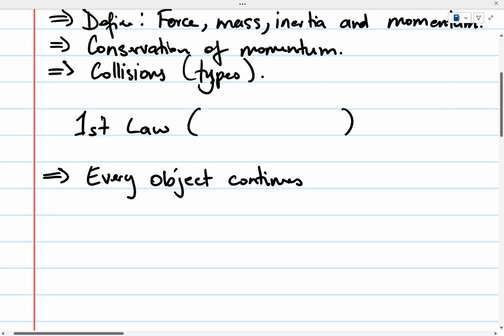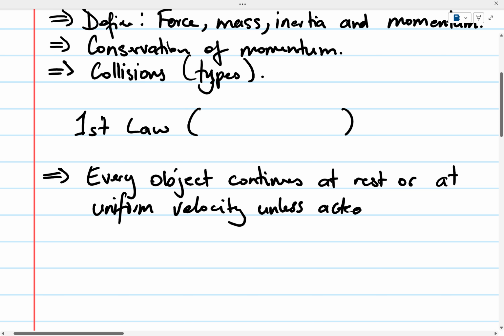So we're saying that every object continues at rest or at a continuous or uniform velocity unless acted upon by an external force.